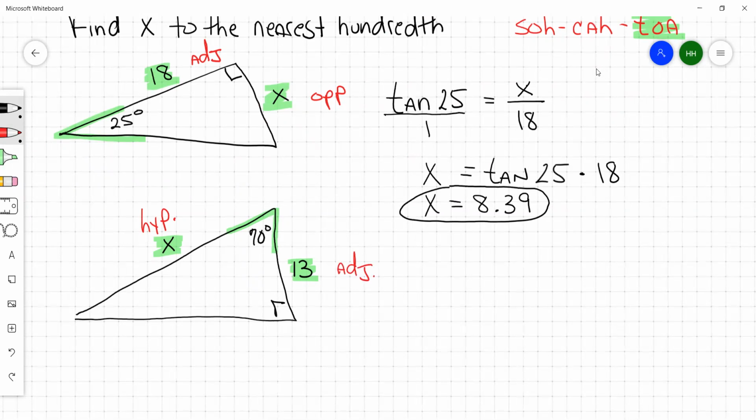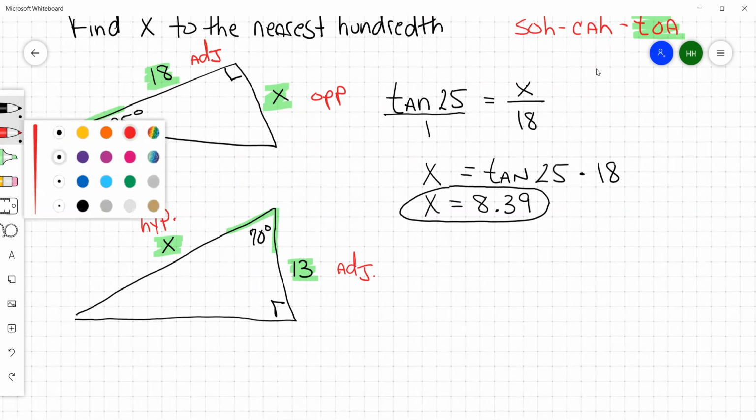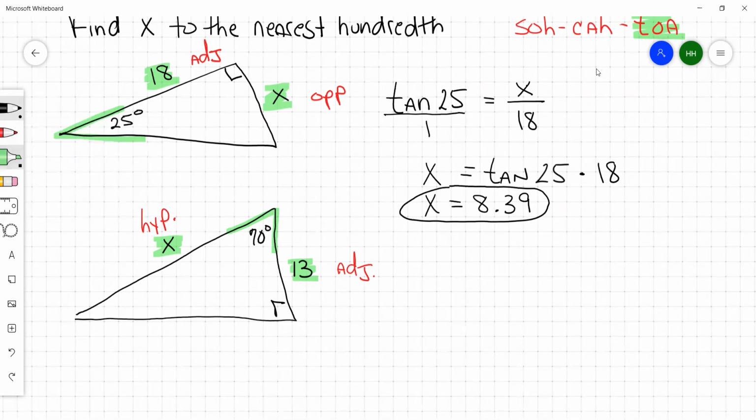Which ratio deals with adjacent and hypotenuse? Cosine equals adjacent over hypotenuse, doesn't it? So we do cosine 70 equals the adjacent side, which is 13, over the hypotenuse, which is the variable.